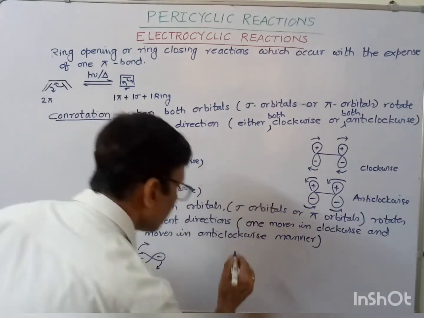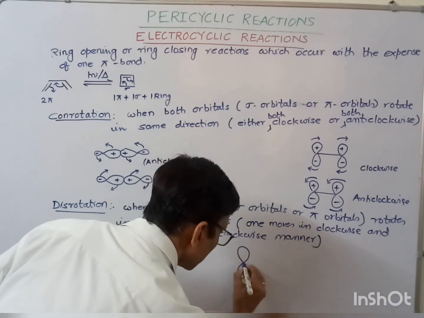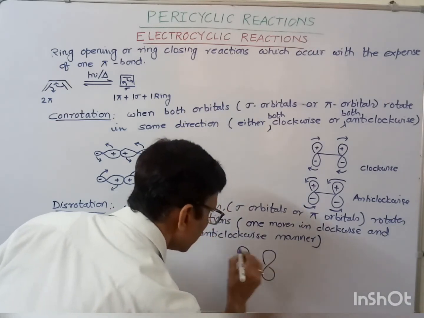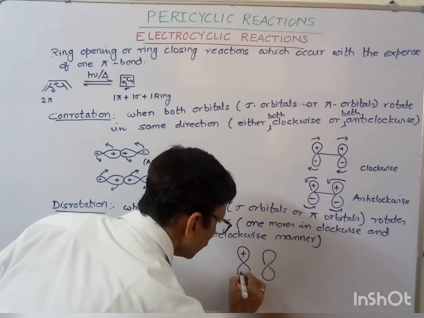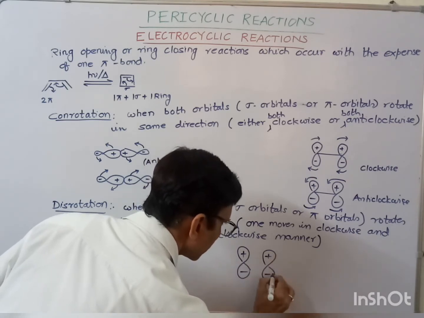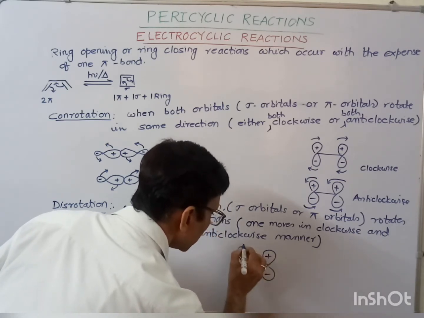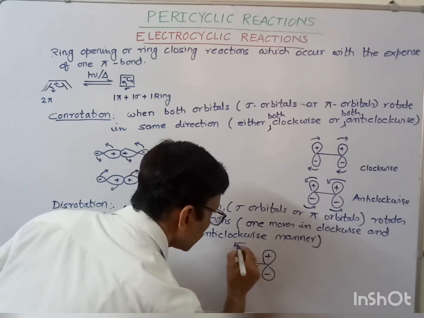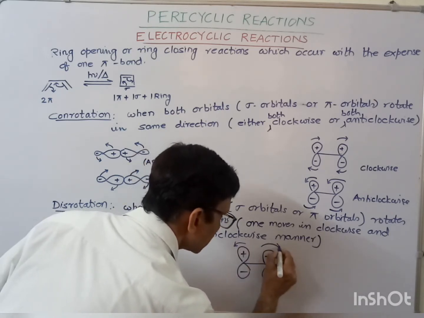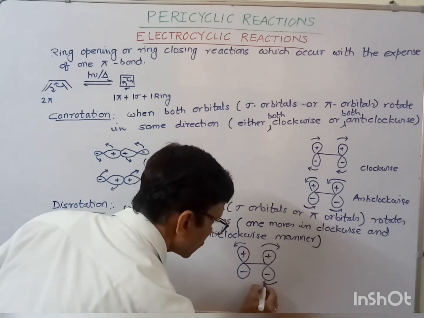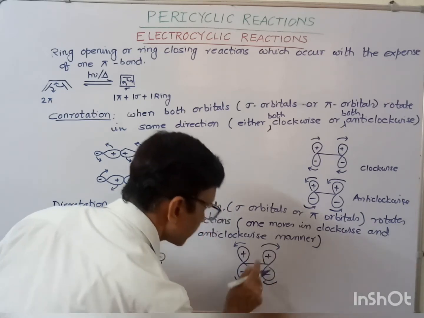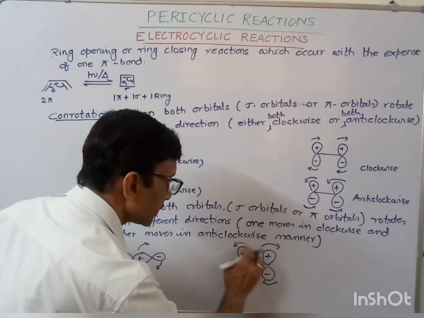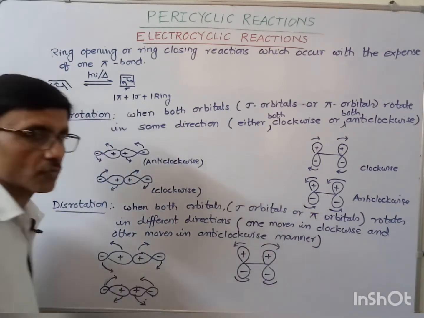In the same way, that is for the sigma orbital movement. For the p orbital you may show it like this. If one is anti-clockwise, another is clockwise, like this.